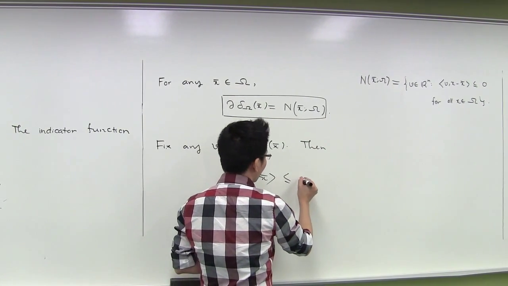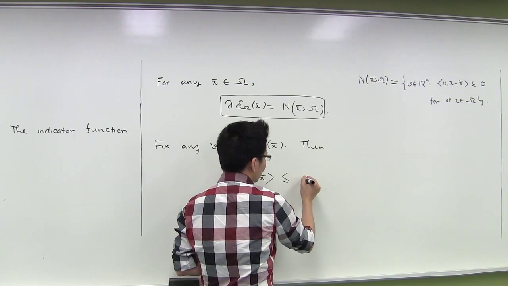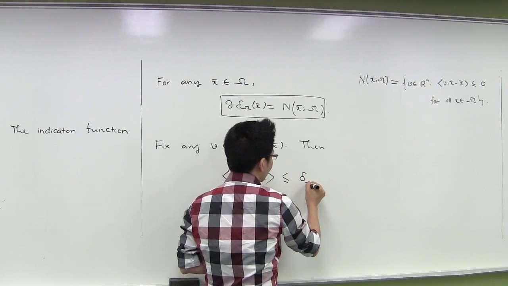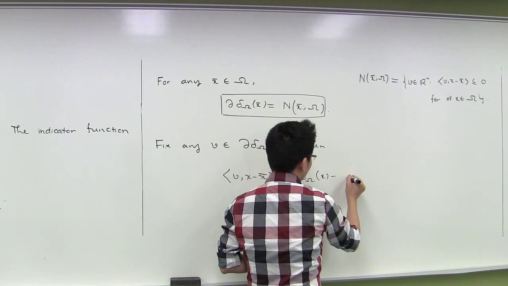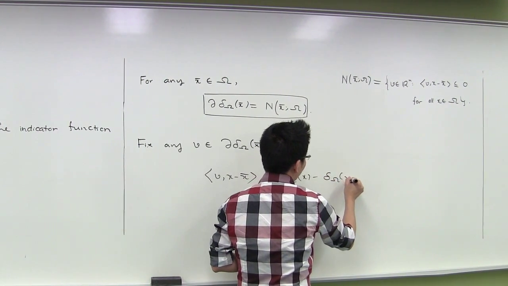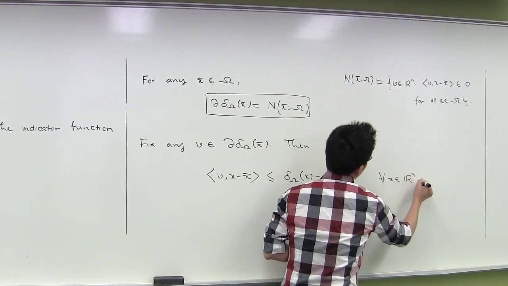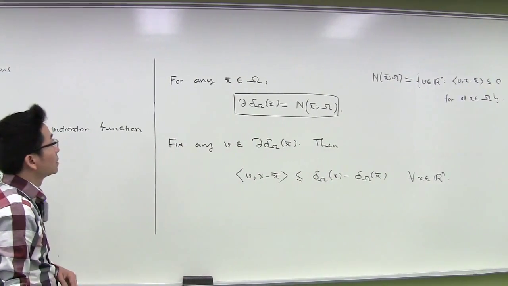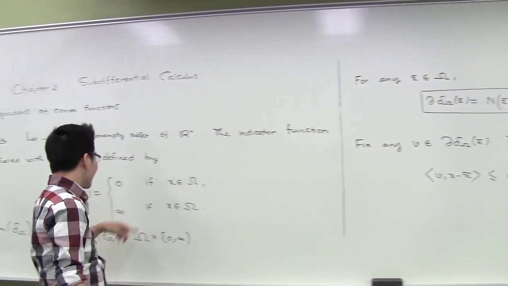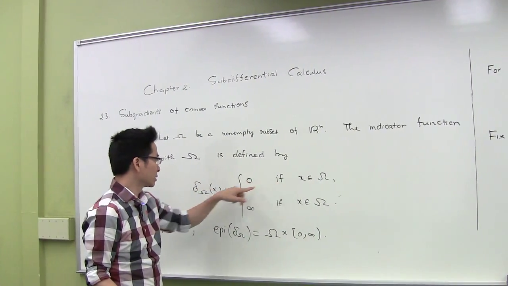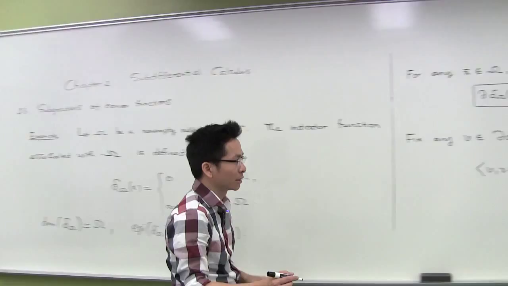That means the inner product of v and x minus x bar is less than or equal to the value of the indicator function at x minus the value of the indicator function at x bar, and this is true for all x in Rn. Note that x bar is in omega. By the definition, the value of the indicator function at x bar is 0.